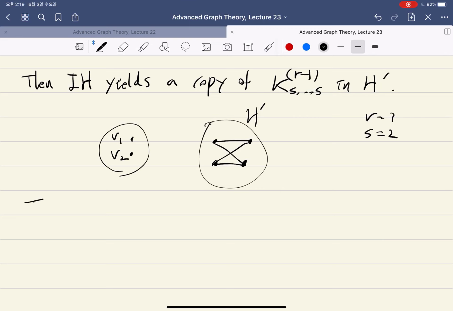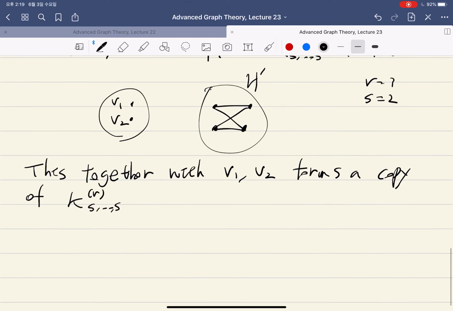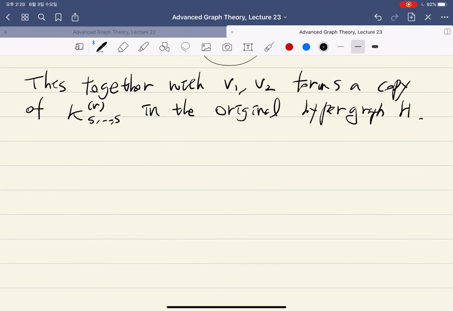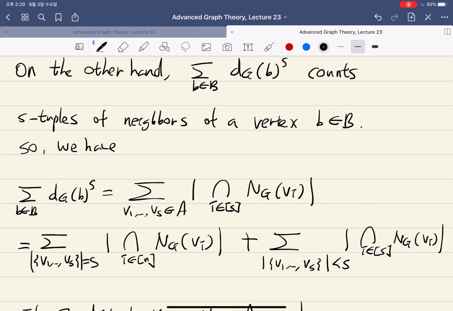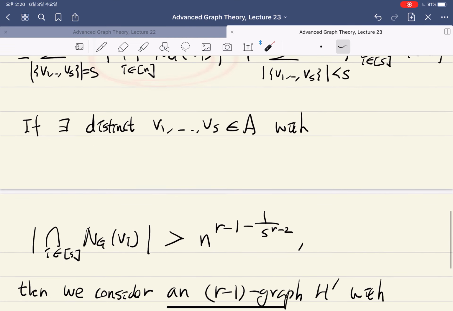So this copy, with the same logic, this copy with V1 and V2 forms a copy of K to the R uniform R-partite complete hypergraph in the original hypergraph H. Hence, each of these in this first term is actually bounded by this number.